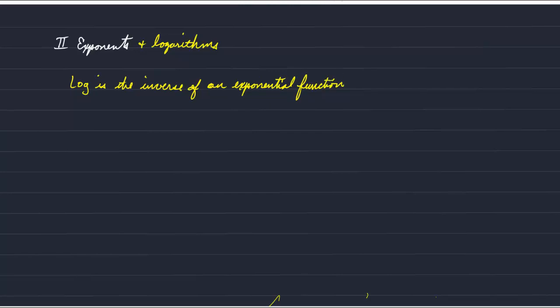Right? So, in other words, if, for example, m is equal to a raised to the x power, then the log tells us, well, x is equal to the log base a of m.